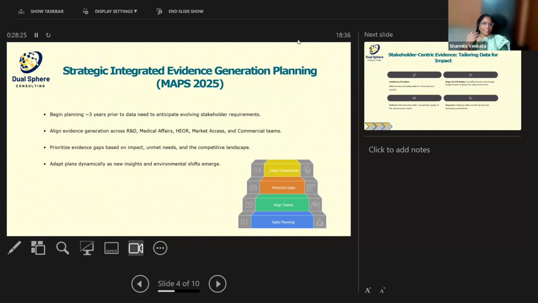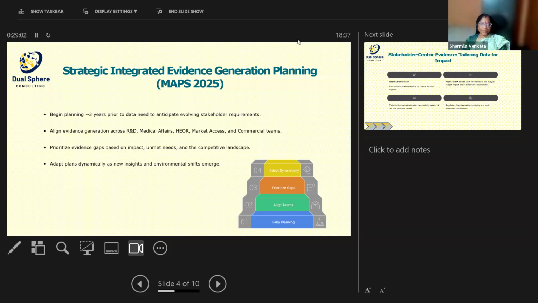So, why does it matter? Why are we planning so far in advance? Because by starting 3 years in advance, we ensure that when the product is ready for the market, the evidence is also ready. Evidence that is not only high quality but also highly relevant to every stakeholder. Without this foresight, we risk approval without adoption or launch without access.